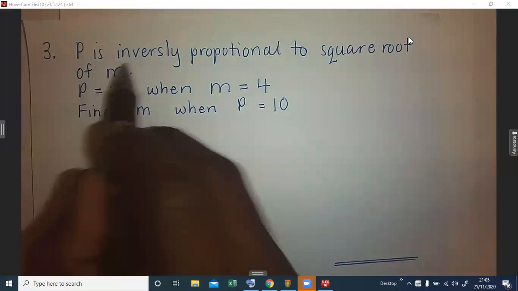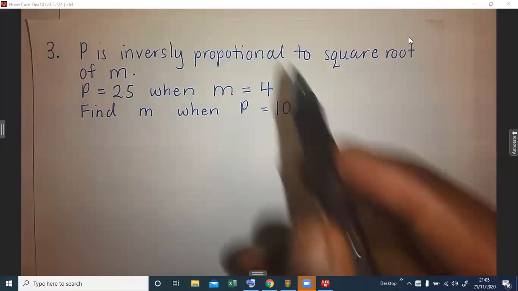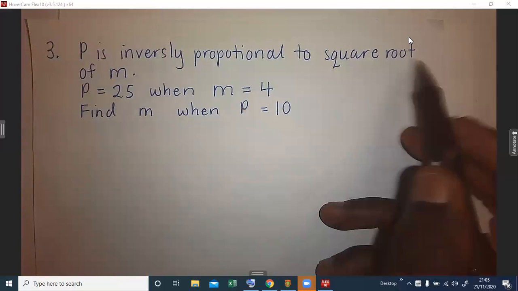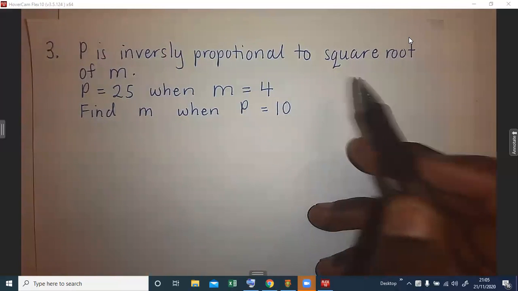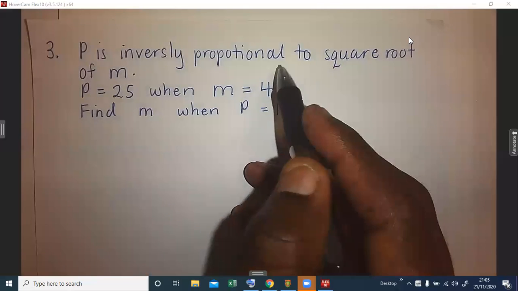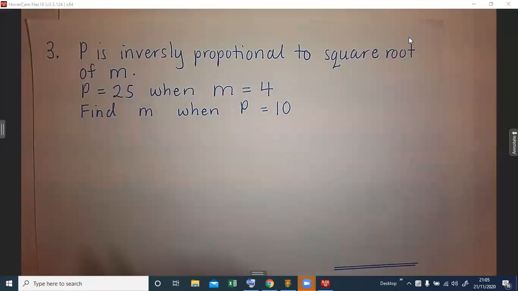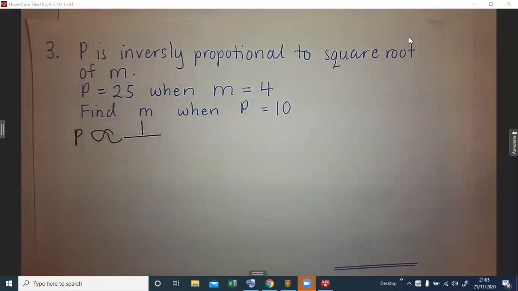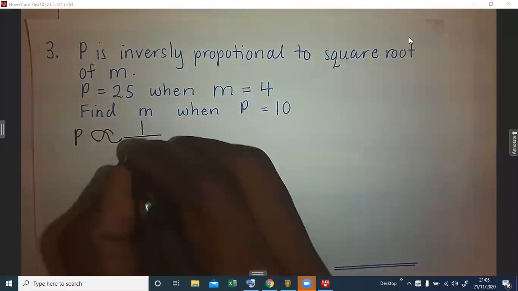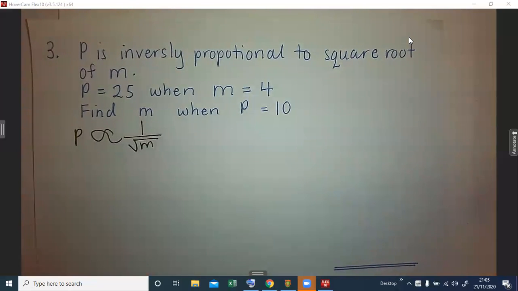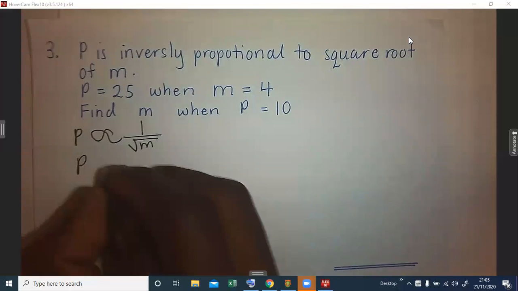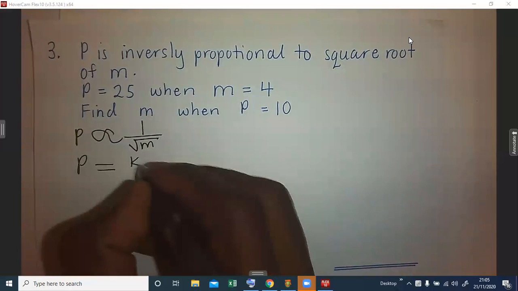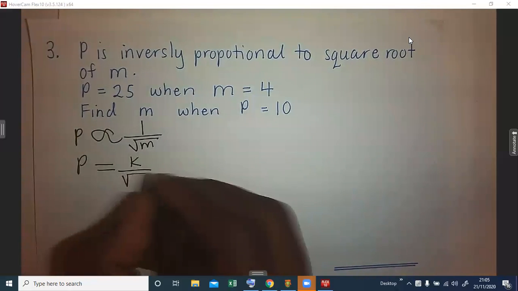P is inversely proportional to the square root of M. The statement inversely proportional takes us to inverse variation. So that's how we get the statement written. Then we change it to an equation: P is equal to k over the square root of M.